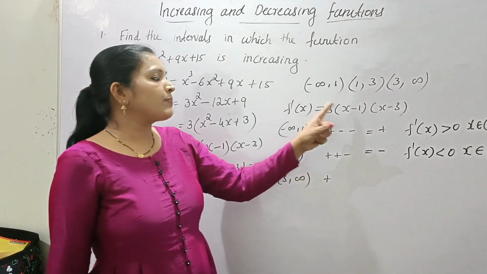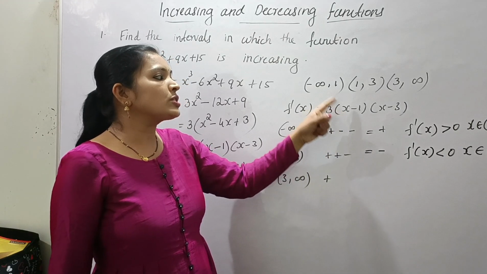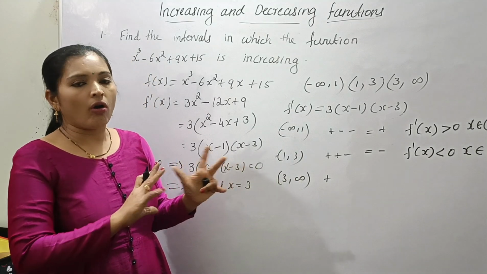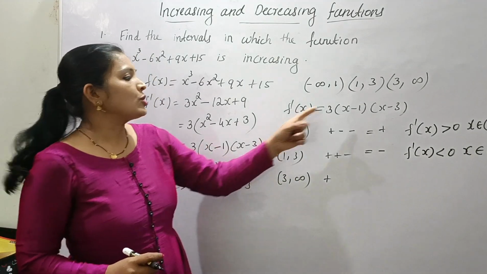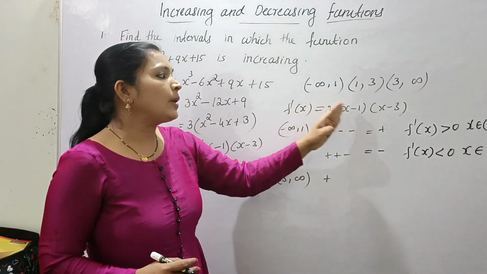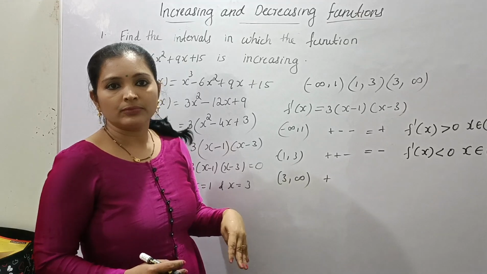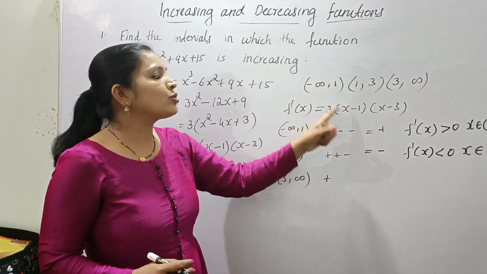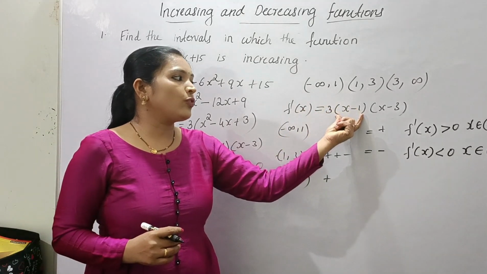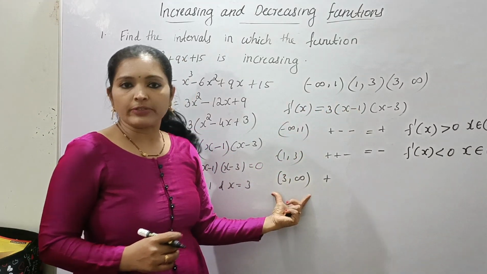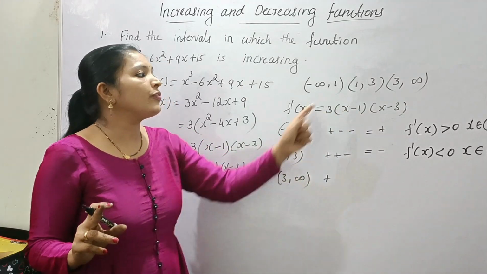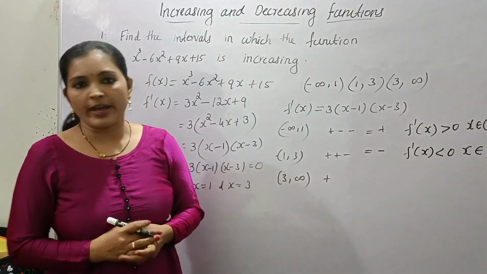So when you substitute positive values greater than 3 in x, what will you get? If you substitute all the values greater than 1 in x minus 1, you will get positive values only. So therefore the second term is positive in this interval. That means if you substitute any values between 3 and infinity in this x, you will get positive values.